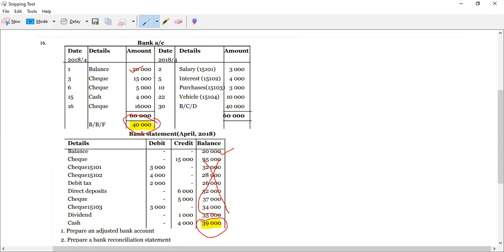So the basic knowledge we have is: in the bank account, whatever is debited will be credited in the bank statement. So we check it. There is a check 15,000 on the debit side. Is the same check credited in the bank statement? Yes, of course, there is a 15. So we can put a tick for both 15 and 15. There is a check 5,000 here.